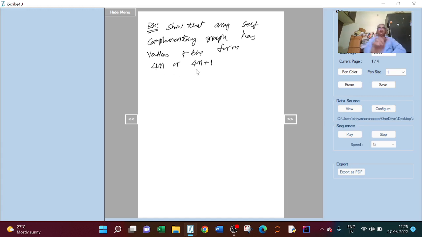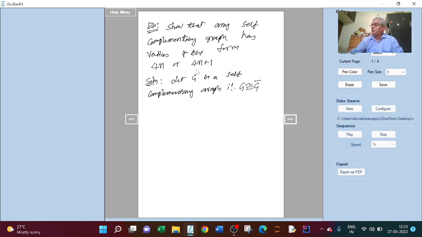Okay, so here let G be a self-complementary graph. So G is isomorphic to G bar.